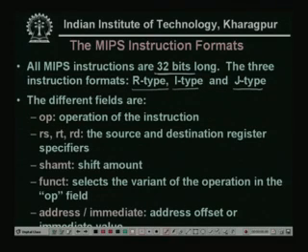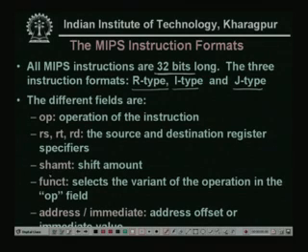So, it supports three different instruction formats, and the different fields are op, meaning the operation of the instruction, that is, which operation is currently being executed by the instruction. RS, RT, RD are the three source and destination register specifiers.